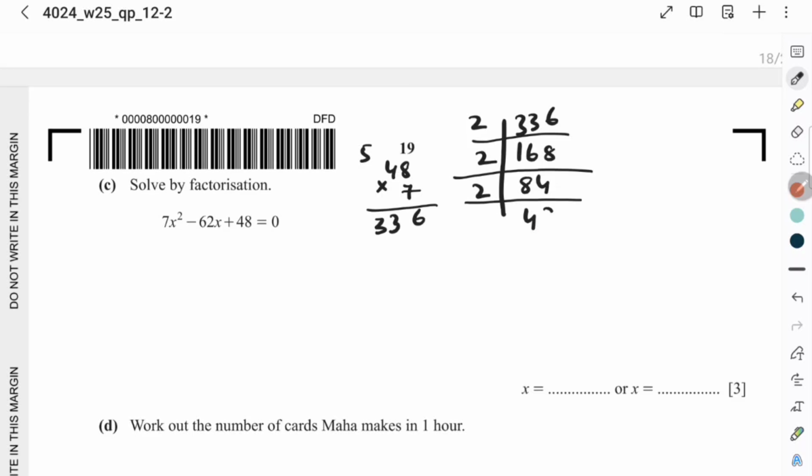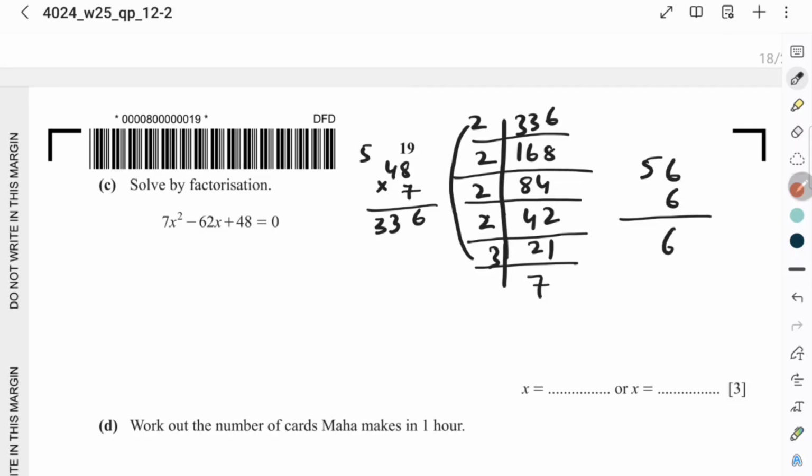Still we didn't get the sum 62. Move more, and then you have 2 times 21, again 3 times 7. So for example, 2 3s are 6 and 7 8s are 56. 56 and 6 will add together to make 62 and multiply, it will become 336.